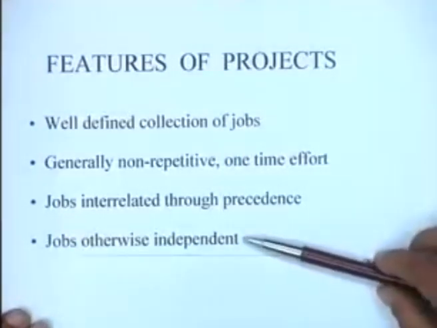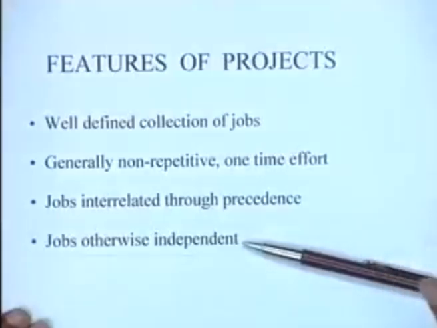What this means is that although the jobs are related by precedence, when we talk about implementing a project, the individual jobs, once the precedence restrictions are met, could be done at will. For instance, I could do the digging for the foundations now and withhold the construction subsequently.